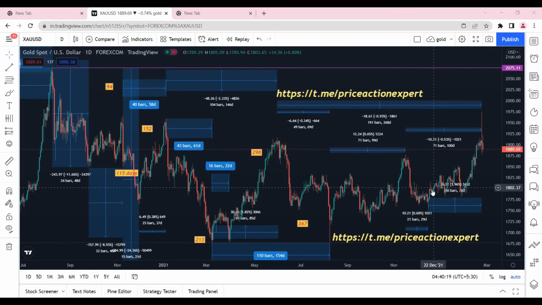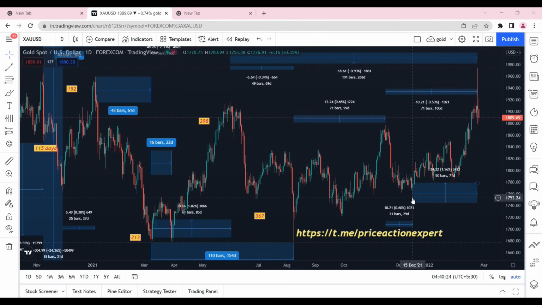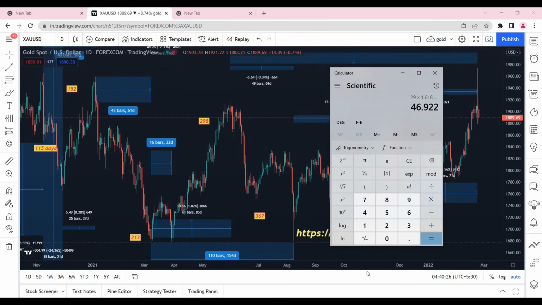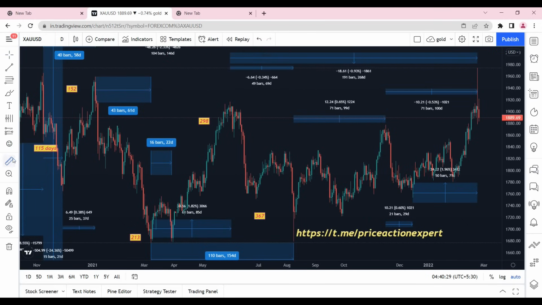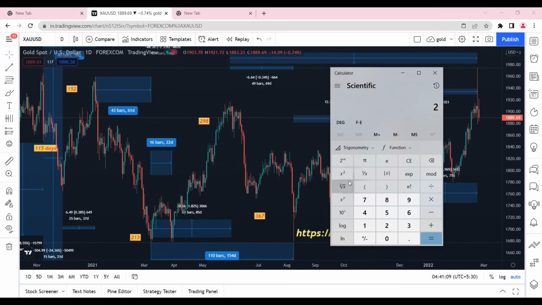This is where it actually went up, and for example 29 times 1.618 is 46, 47 days. So 46, 47 days. I mentioned 2 already. This is the third one, and you can see a lot of 71 vibrations, 70 etc. 2, its square root is actually 1.414.